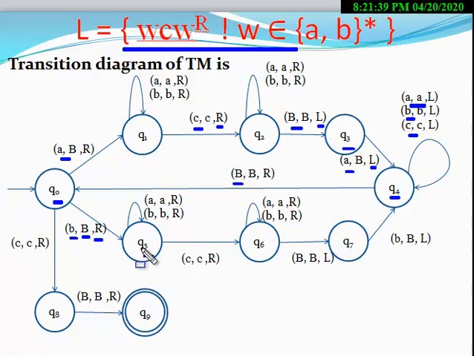At the state Q5, when tape symbol small a or small b appears, the machine only moves in the right direction, and the state is not changed. When the tape symbol C appears, the machine changes its state from Q5 to Q6.